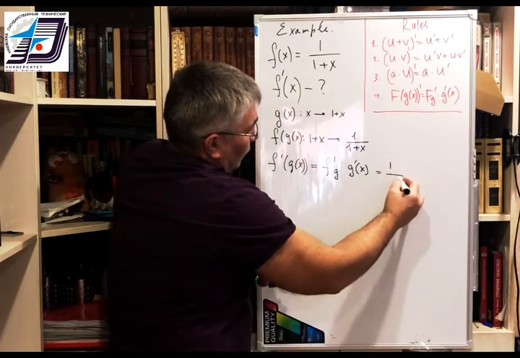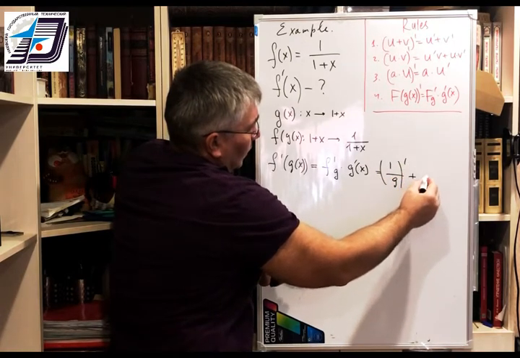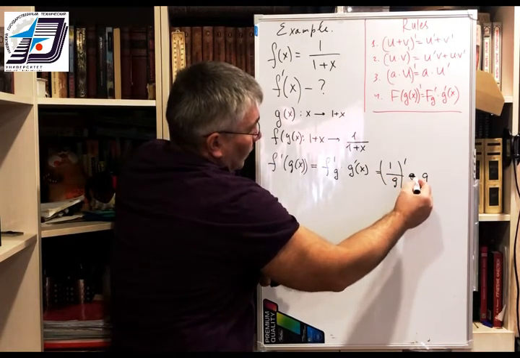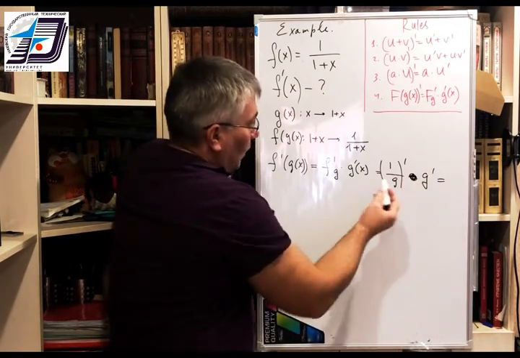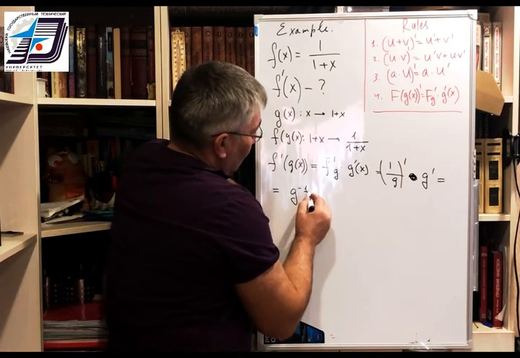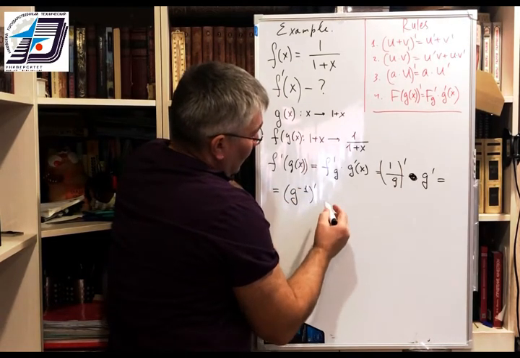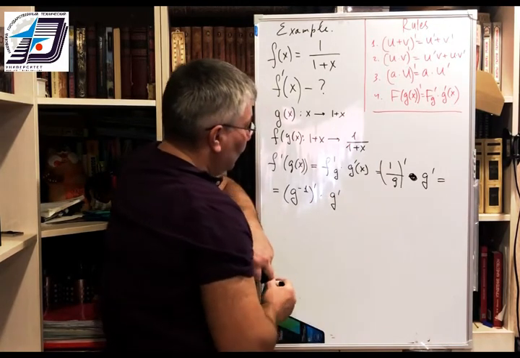So here I have g raised to the power minus 1, derivative, and here I have the derivative of g.